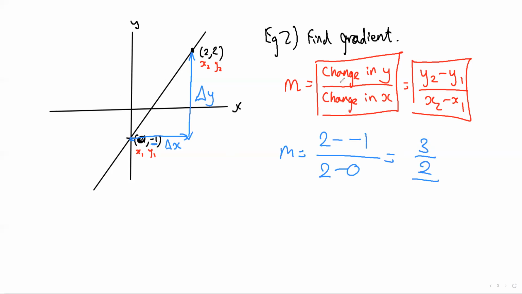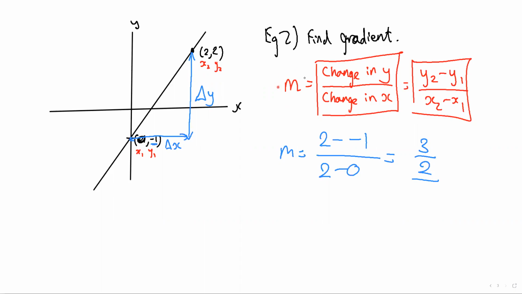The reason this works is because we said the higher the gradient is, the steeper the line is. So the higher the gradient is, the more y is going to change for little x. If the graph was really steep, you'd see huge increases in y, but little increases in x.